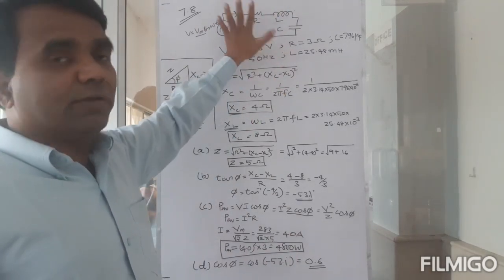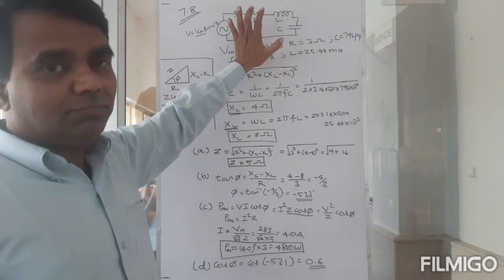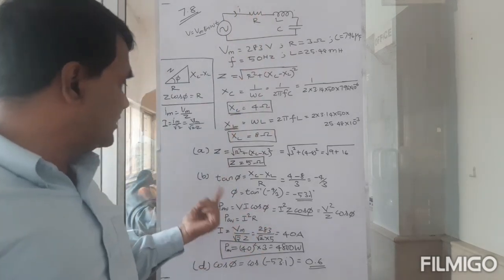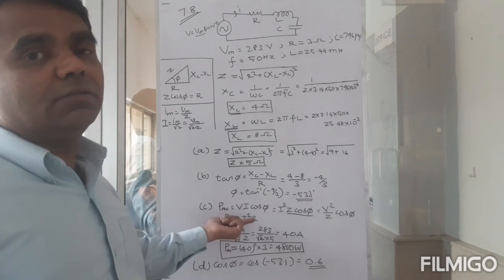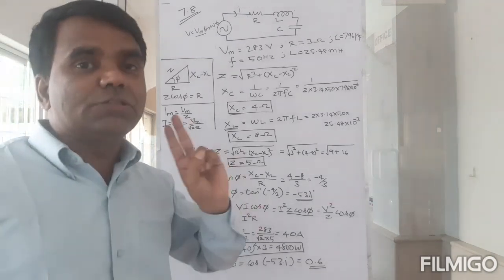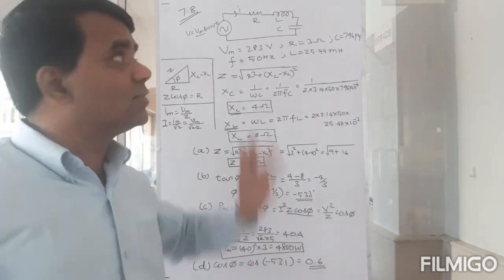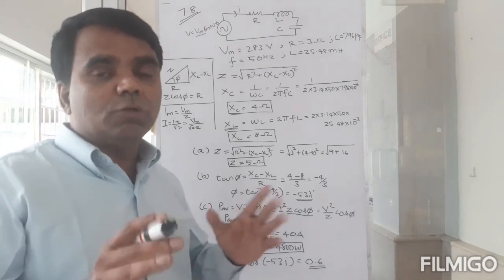Ultimately, it's going to be I squared R. All these different equations will give you finally I squared R. These are the two takeaways from this problem. Hope this is clear to you.